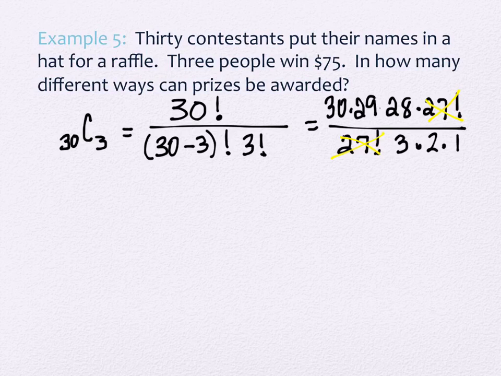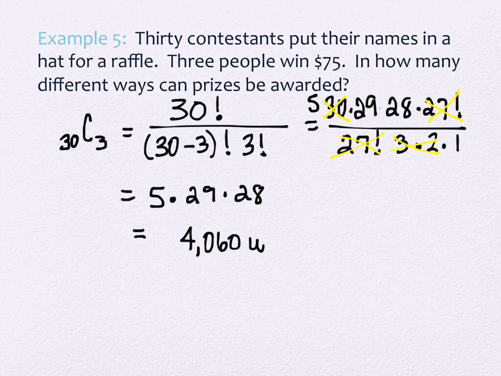That's fine. If you want, you could reduce the 3 and the 2 right here as well. The 3 times 2 is 6, and 6 reduces in 30, doesn't it? What will the 30 become? 5. So you could simply write this then, or think about it as 5 times 29 times 28. What are you going to get? 4,060 ways.